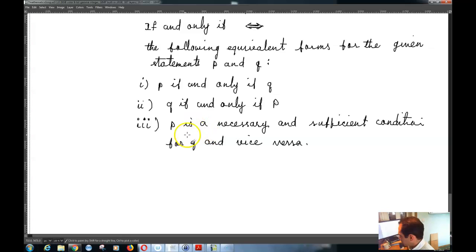And that also, well, another form is this one, which is P if and only if Q. That's written this way.